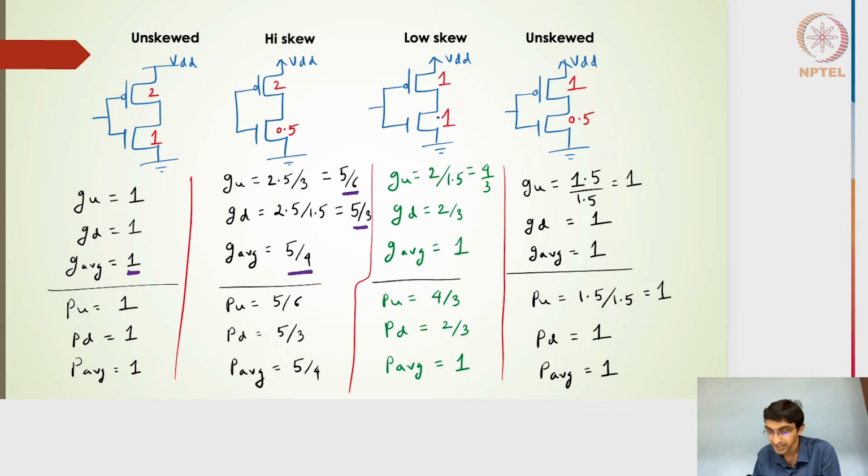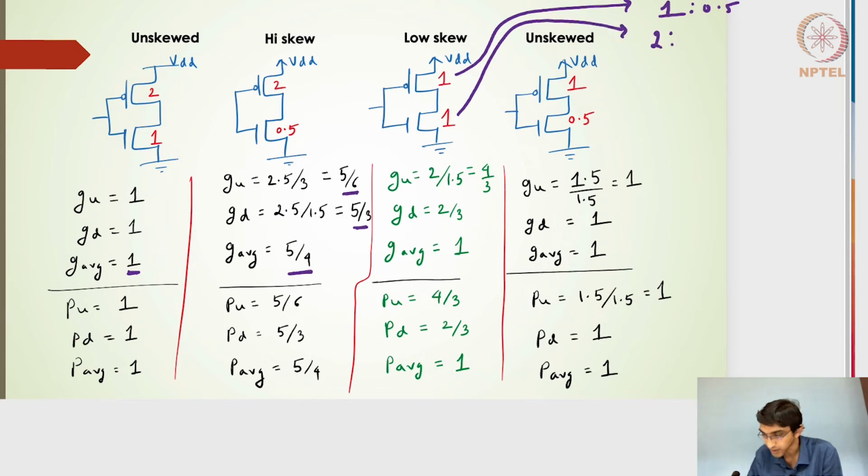Suppose I have this and this, my benchmark inverter for this circuit will be 1:0.5, so 1 on the PMOS side and 0.5 on the NMOS side. And similarly for this, the benchmark inverter will be 2:1. So I'm going to write it as the benchmark inverter just to ensure that we know what we are talking about.